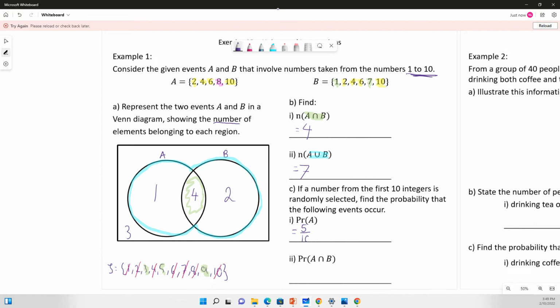So 5 out of 10. We want to simplify our answer, so we might write 1/2 or a decimal, 0.5.